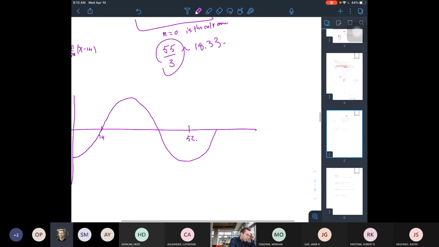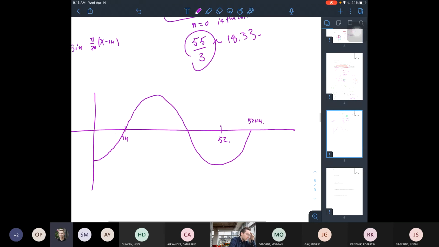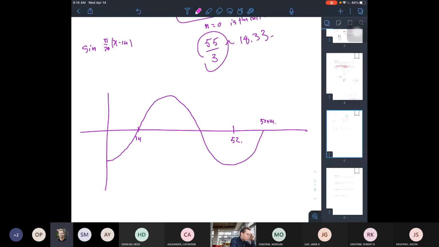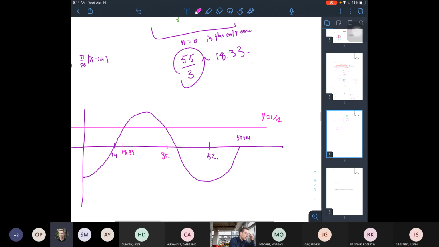And then we go all the way to 52 plus 14. This is what our function looks like. And we're trying to find the points on this graph which intersect the line y equals 1/2. And it turns out that this happens in 2 places. It happens when x is equal to 18.33, and it also happens when x is equal to 35.66.